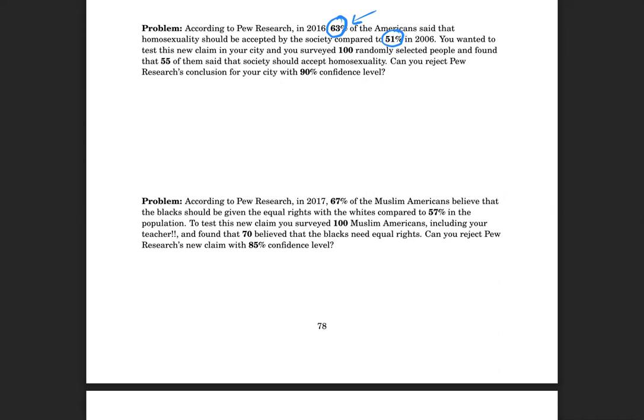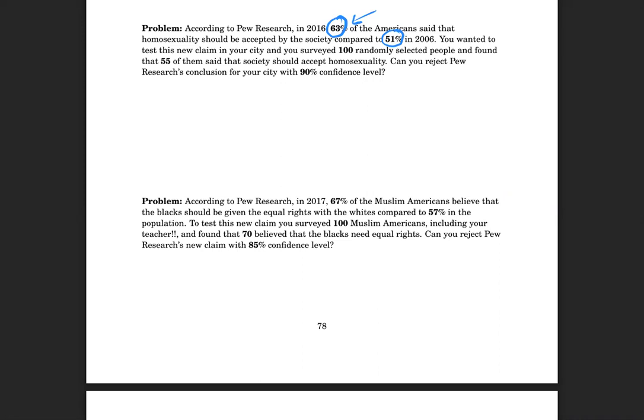So according to Pew, in 2016, 63% of Americans believe that homosexuality should be accepted. Now you want to test it for your city, whether it's 63% or more.